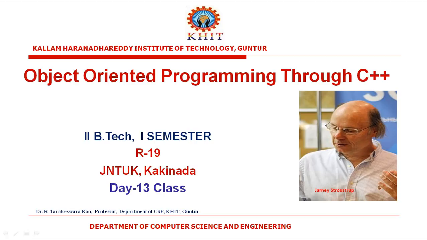The first one is the unconditional control structure. The second one is the bidirectional conditional control structure. The third one is the multi-directional conditional control structure. The fourth one is the loop control structures.